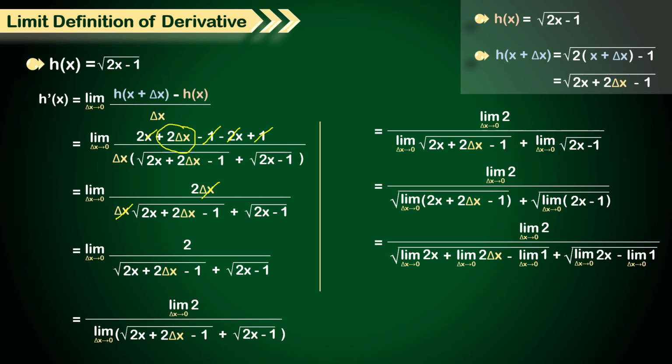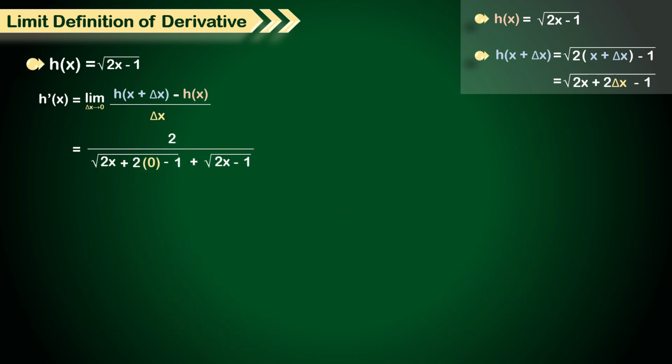Get the limit of each term and it is equal to 2 over the square root of 2x plus 2 times 0 minus 1, added to the square root of 2x minus 1. Simplify.